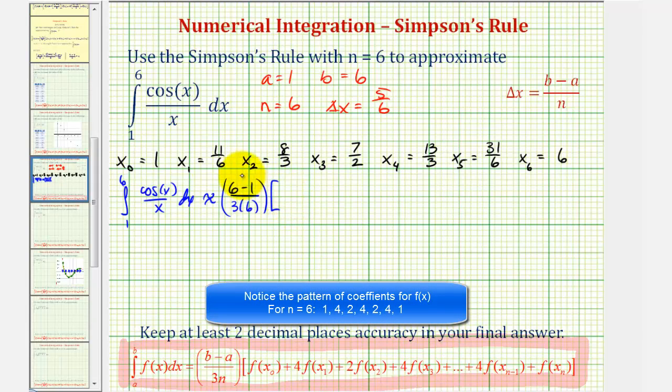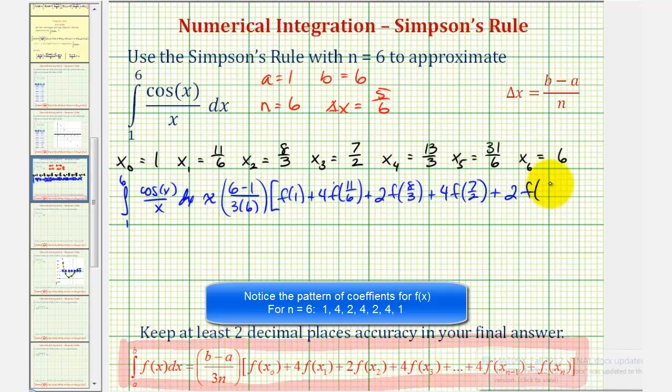So we begin with f of x sub 0, or f of 1, plus 4 times f of x sub 1, that's 4 times f of 11/6, plus 2 times f of x sub 2, or f of 8/3, plus 4 times f of x sub 3, or f of 7/2, plus 2 times f of x sub 4, or f of 13/3, plus 4 times f of x sub 5, which is f of 31/6.